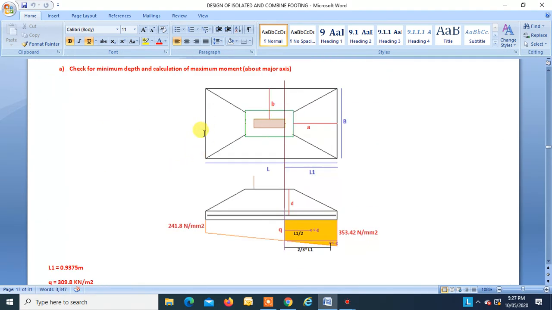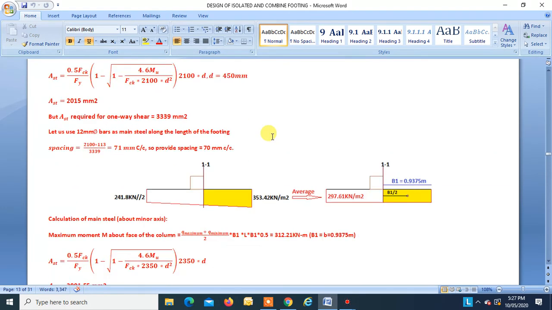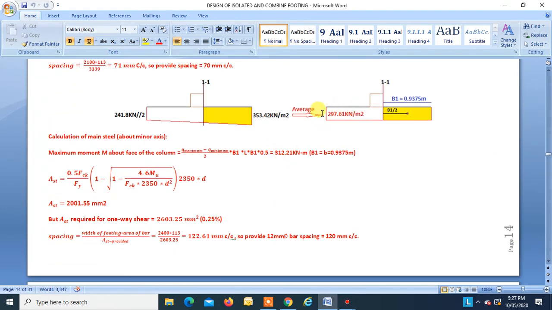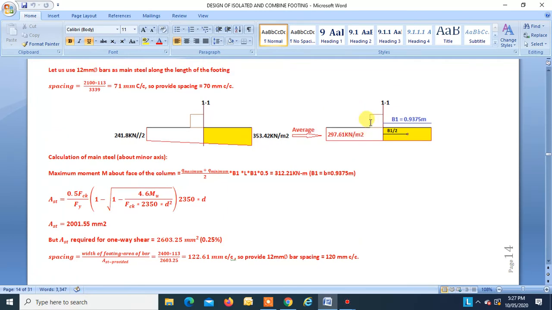So we can take the average of this. That average will be 297.61. So this is the upward soil pressure acting below the footing.